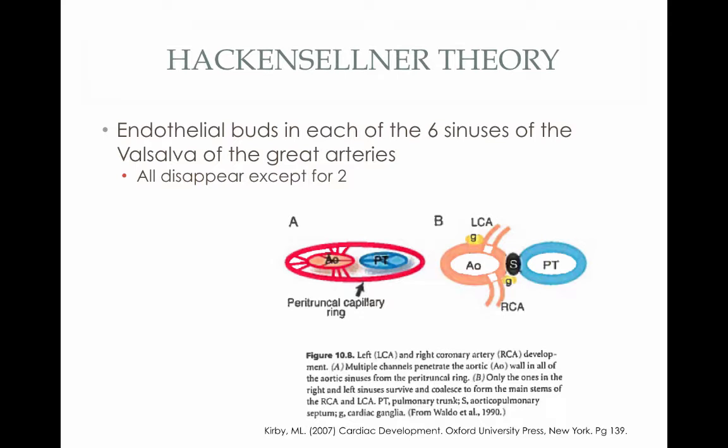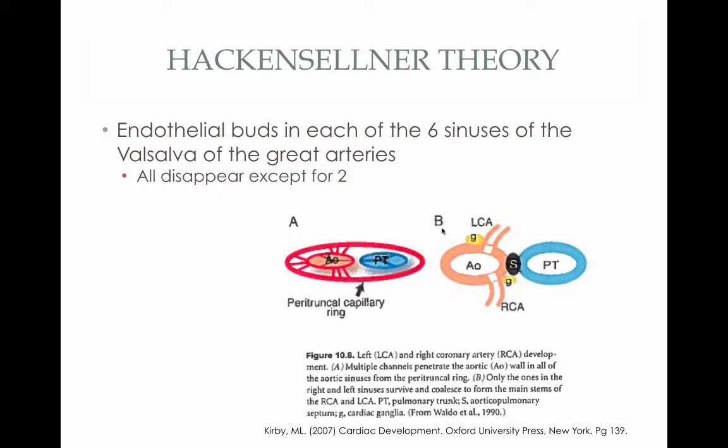There's also this Hackensellner theory, which describes endothelial buds in each of the six sinuses of Valsalva of the great arteries. So here are those six sinuses, and as those sinuses develop, they all but disappear, except for two of those endothelial buds.